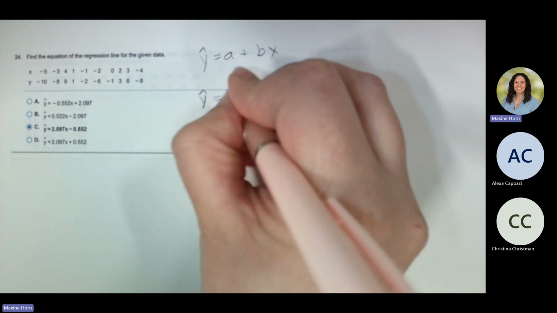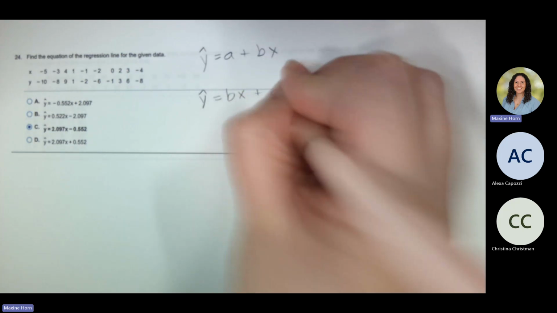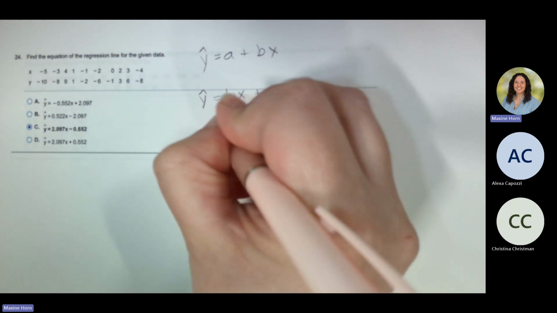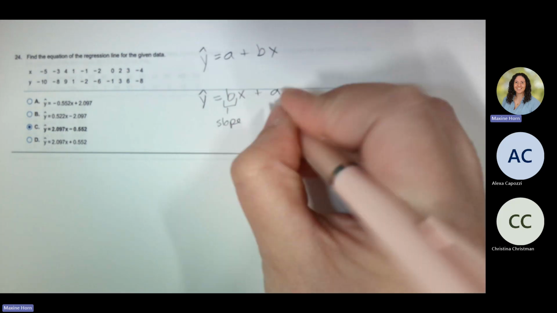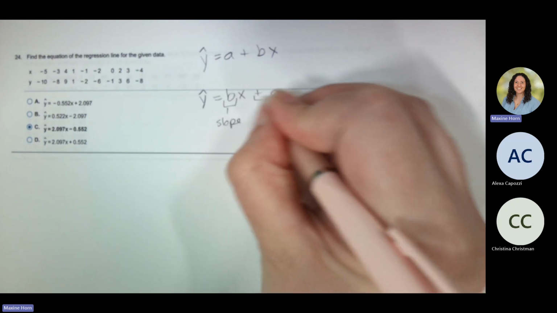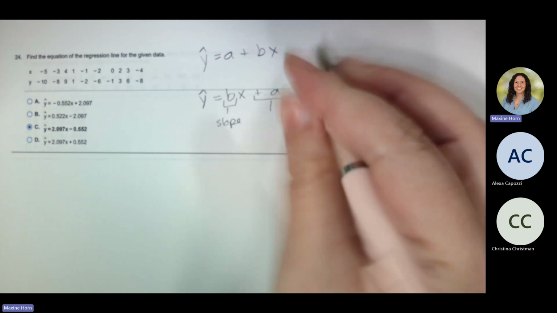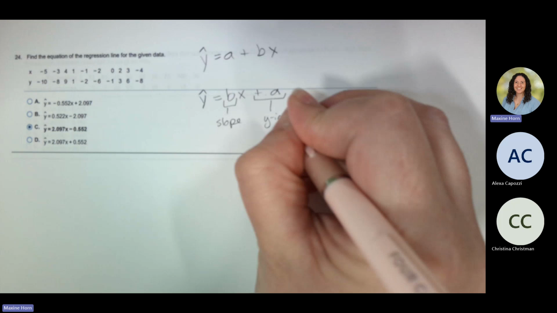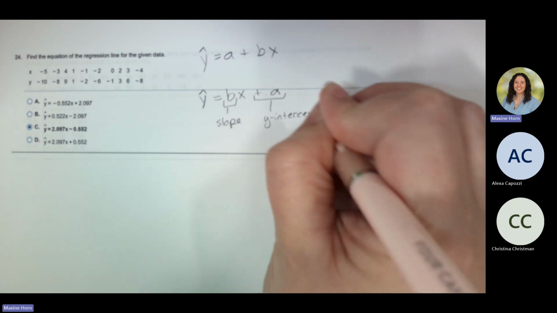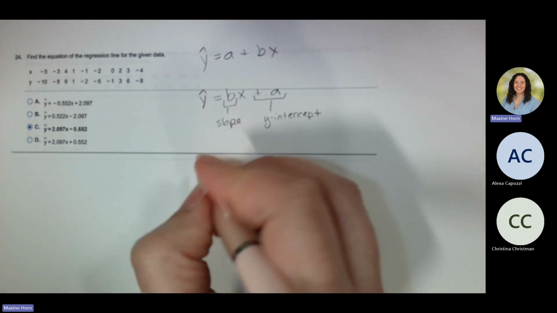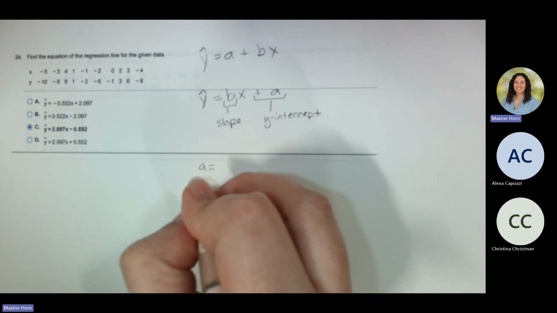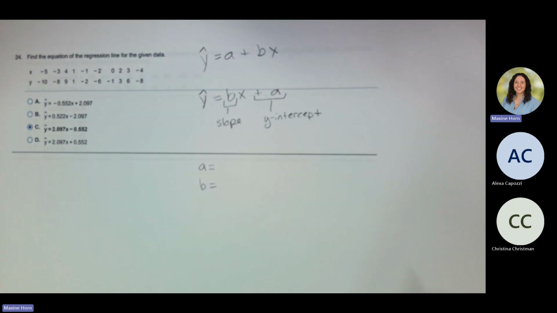The standard form of a line is bx plus a, where the b is the slope of the line and the a is your y-intercept. So they're going to give you an A value and a B value, and you need to put them in the right order into the equation, right?